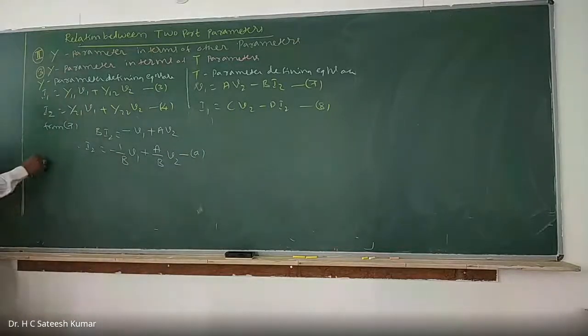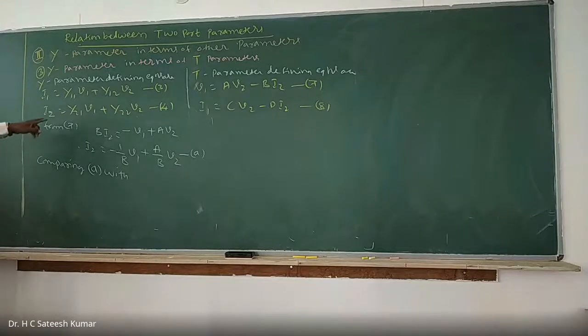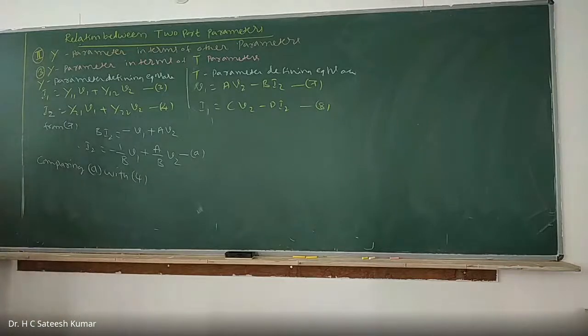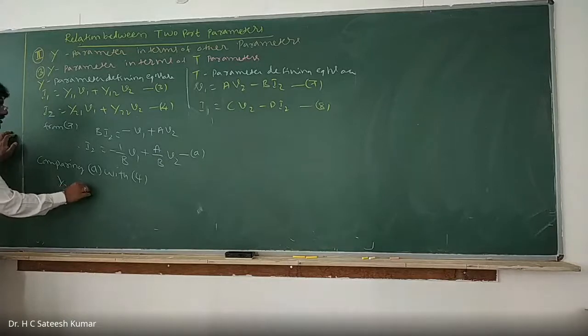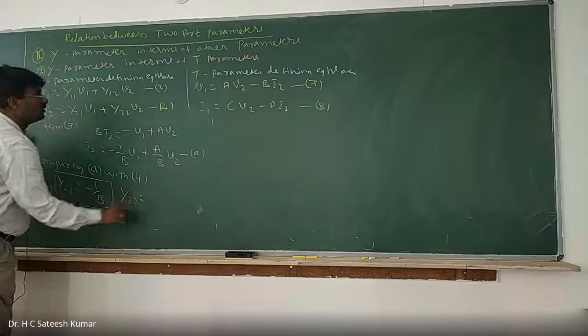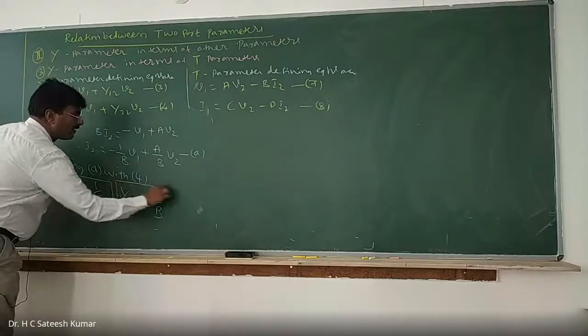Comparing A with 4. In place of I2 we have, Y21 is equal to minus 1 by B. And Y22 is equal to A by B. We got this one.